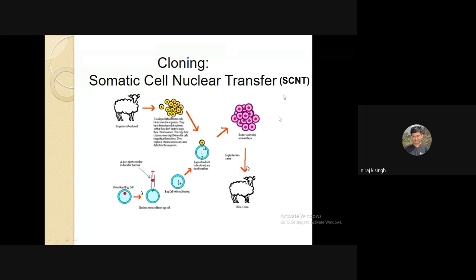So they will get a carbon copy of their pet. In India, this SCNT technique is very rarely used. Only 2 institutes are doing SCNT, somatic cell nuclear transfer. One institute is NDRI Karnal, another institute is CIRB, to the best of my knowledge. Other than ICAR institutes, wherever work is going on, I am not aware of that.